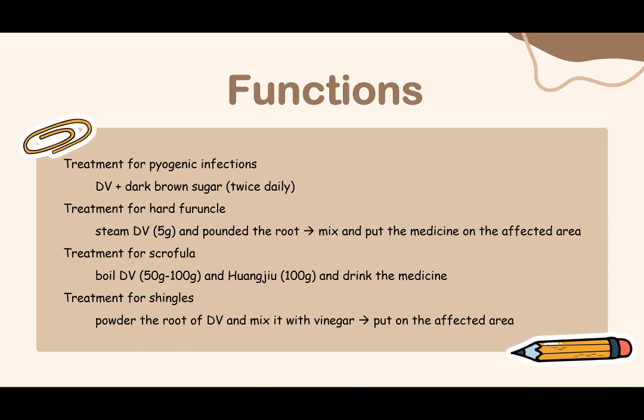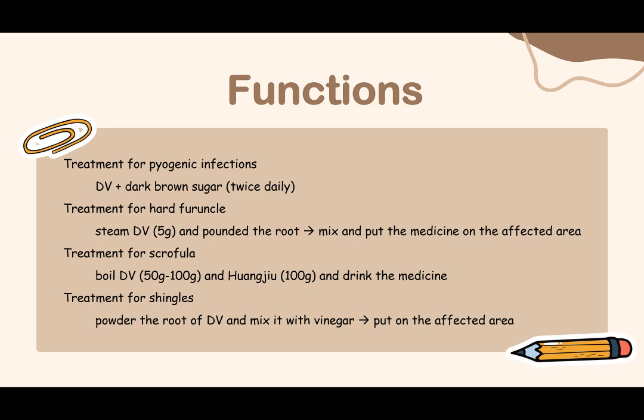And actually, there are a lot of functions of DV. It can treat a lot of diseases of regular people. First, it can treat pyogenic infections. You should prepare DV and add dark brown sugar, and eat it twice daily.